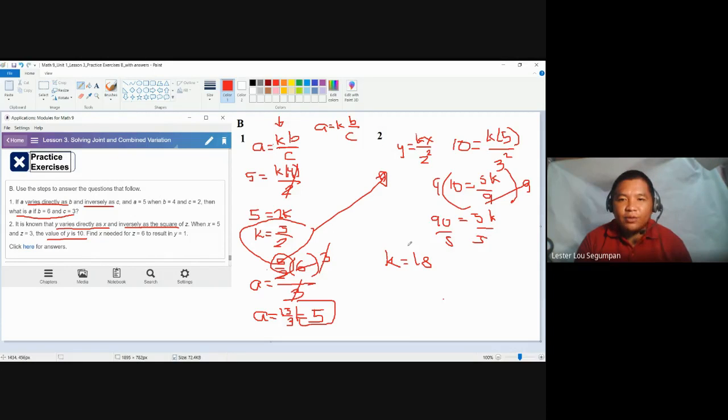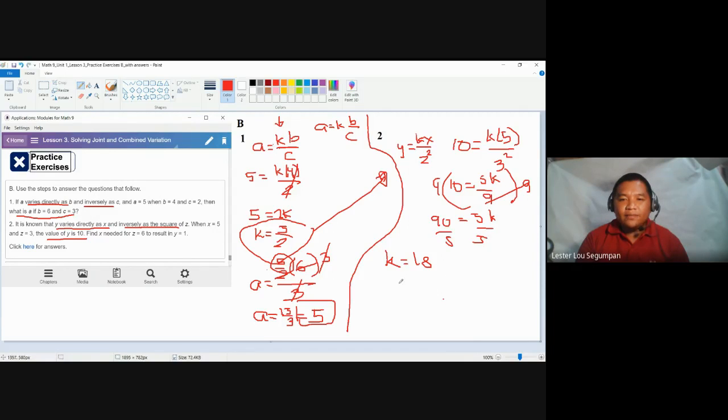Instead of 5 halves, we will use this k because they have a different situation. So let's find x needed for z equals 6 to result in y equals 1.